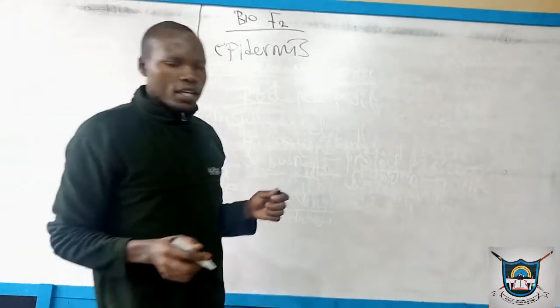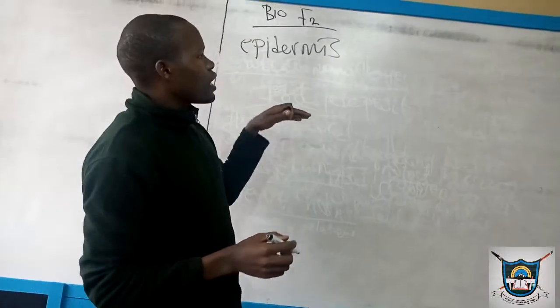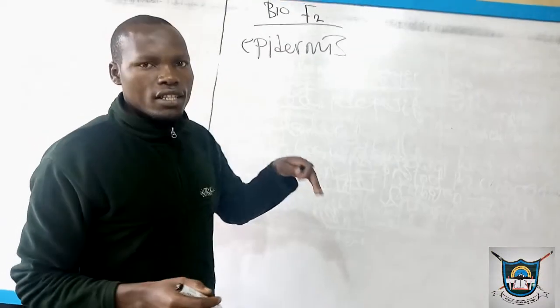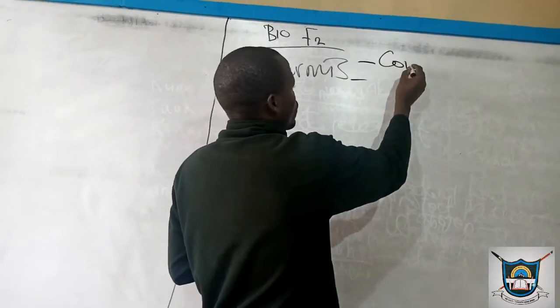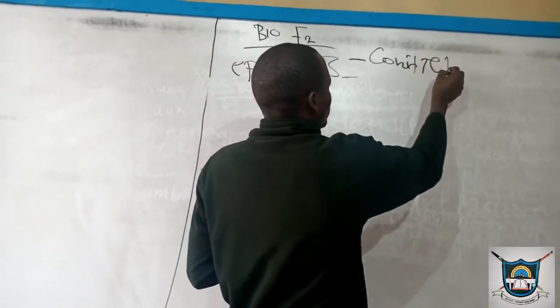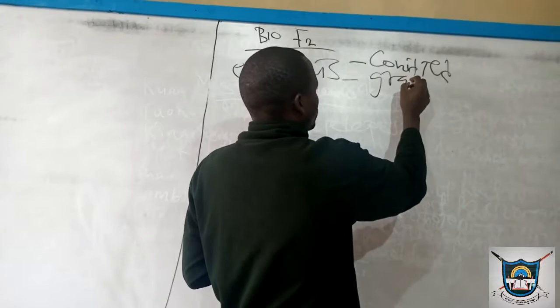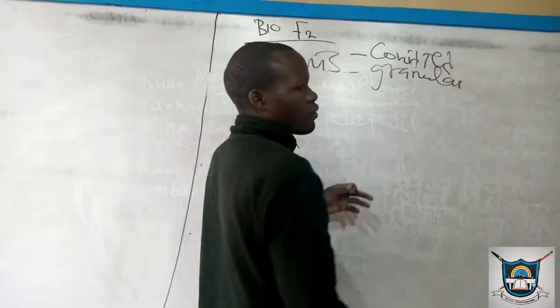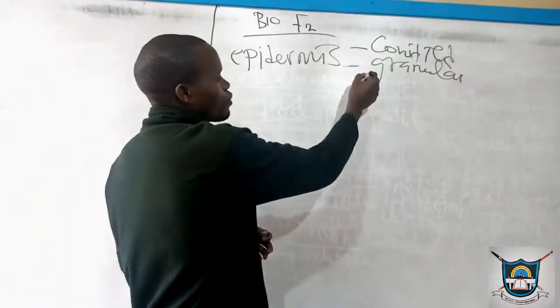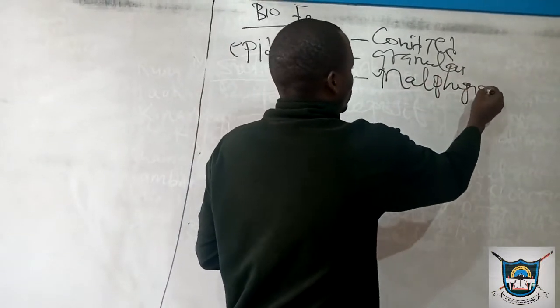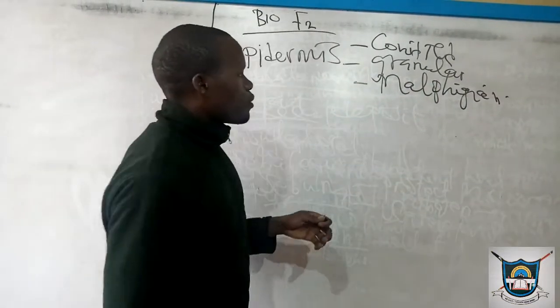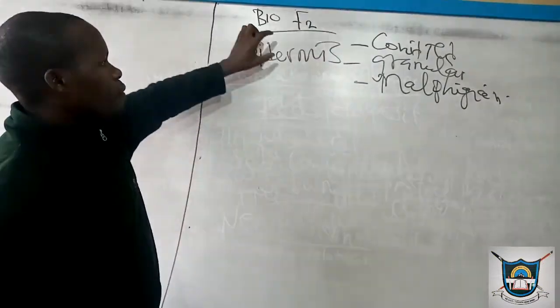We are at a point whereby you are able to at least identify the three layers which are within the epidermis. As we said, we have the cornified layer, the granular layer, and lastly we also have the Malpighian layer. So we have those three within the epidermis.